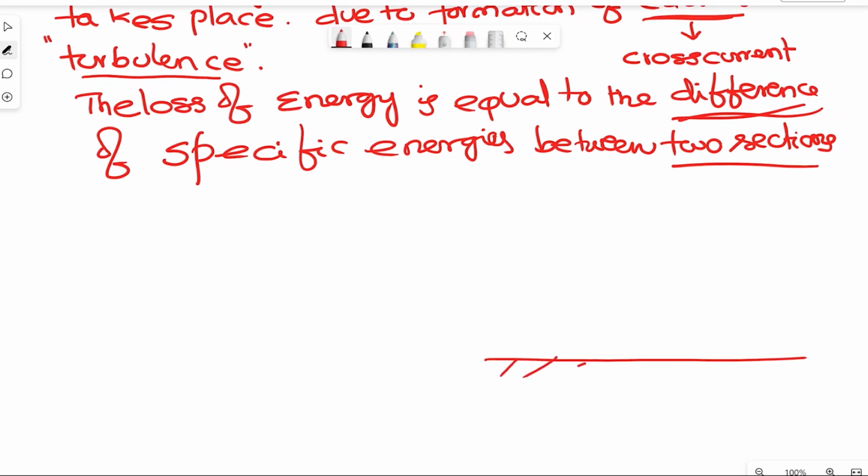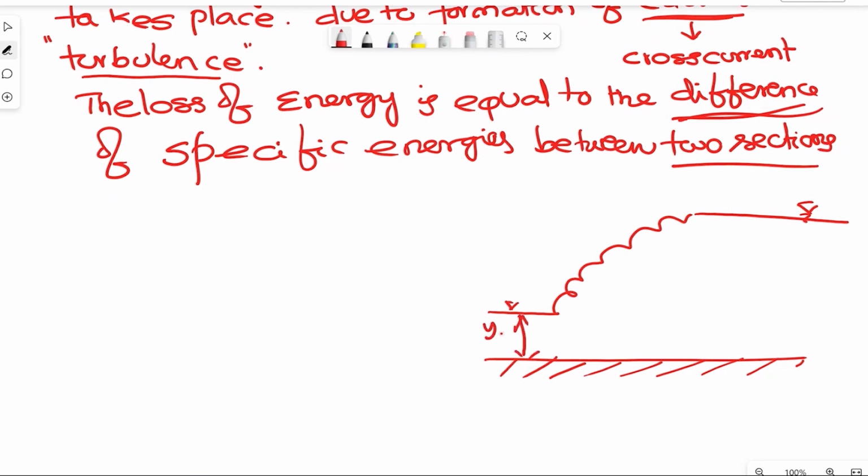If I take this channel, when a hydraulic jump forms, this is how the cross current and turbulence will be there. This is the depth of flow before formation and this is the depth of flow after formation of the hydraulic jump.